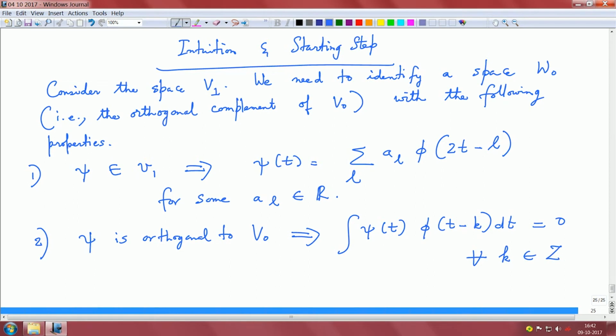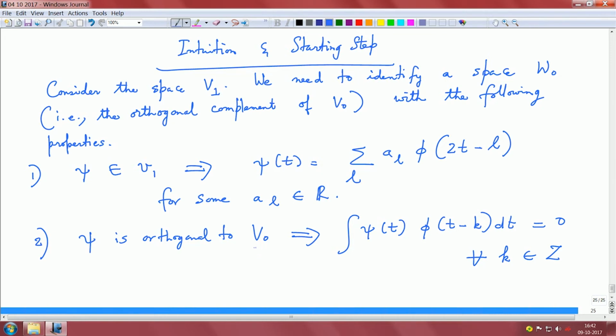Okay. So, we start with the space V1, we need to identify a space W0 which is an orthogonal complement of the space V0 satisfying the following properties, right. When psi belongs to V1, you can say psi can be expanded using the orthonormal basis in V1, and we said psi is orthogonal to V0.